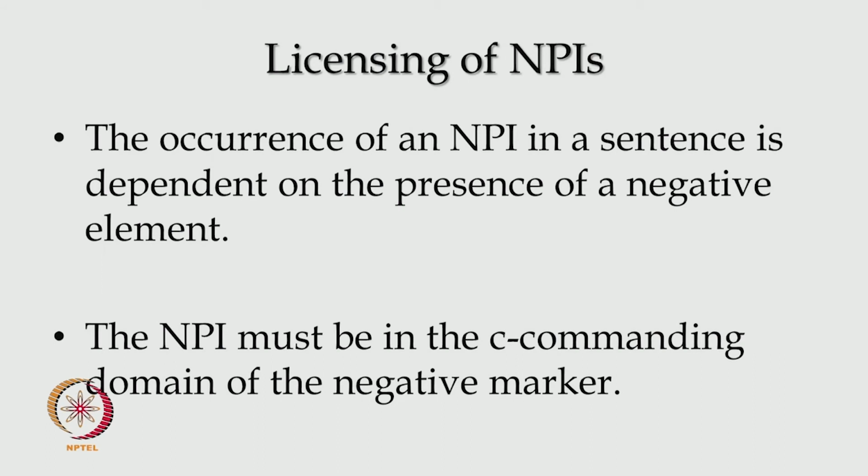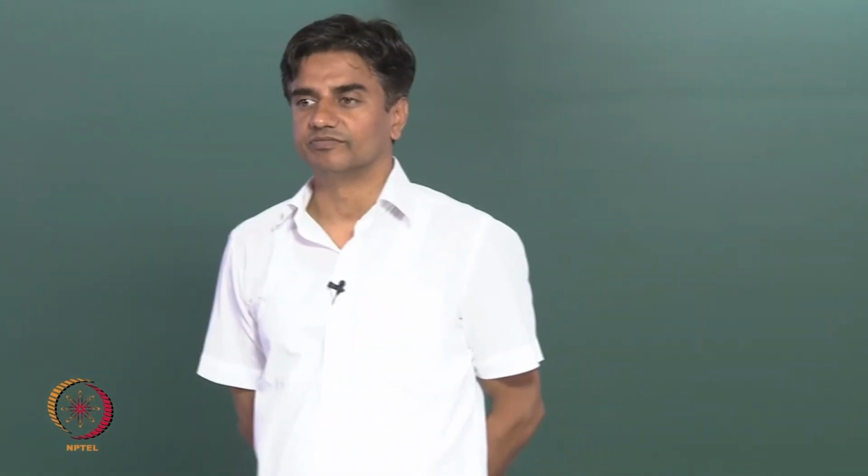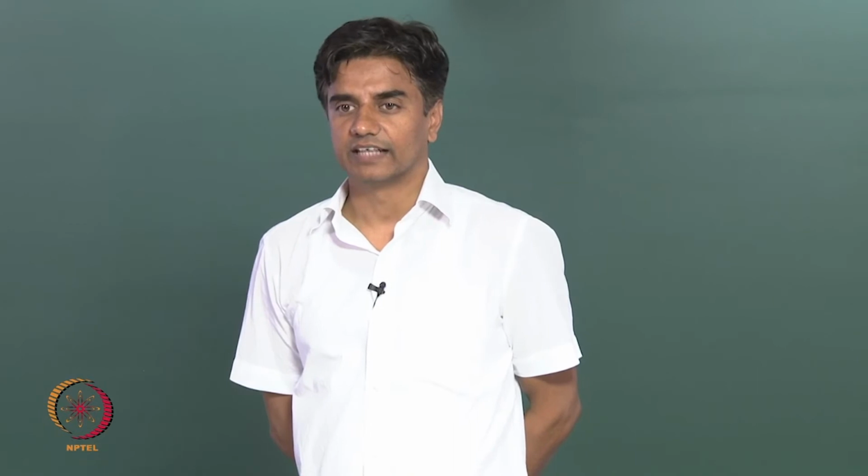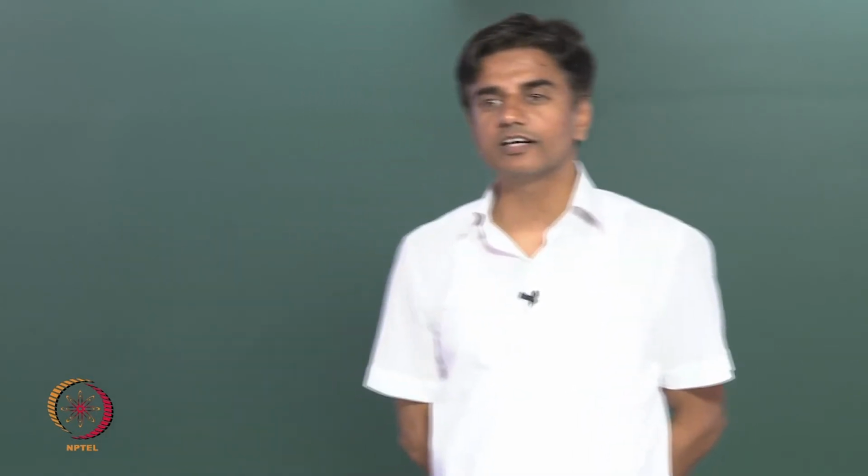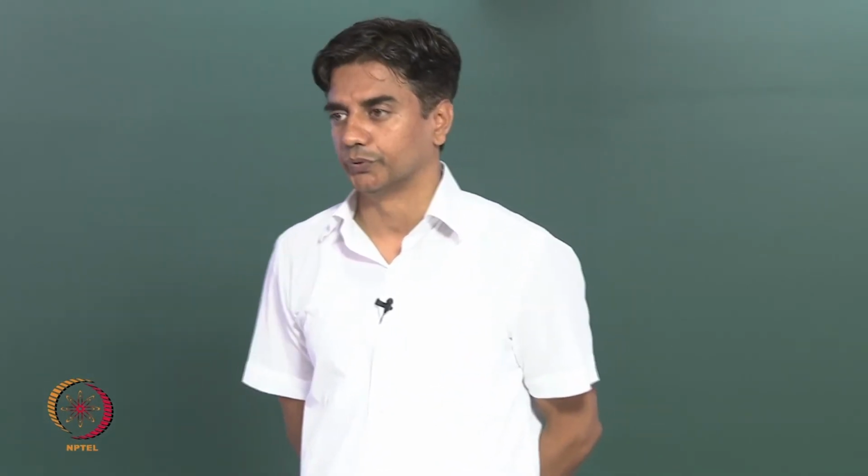So how can we say that a negative polarity item needs a negation, right? Needs a negation, that is true. But where does it need a negation? Right? Does every negation marker license negative polarity items? Okay, that doesn't happen. And again, we do not have enough time to give you every single example to show you that.